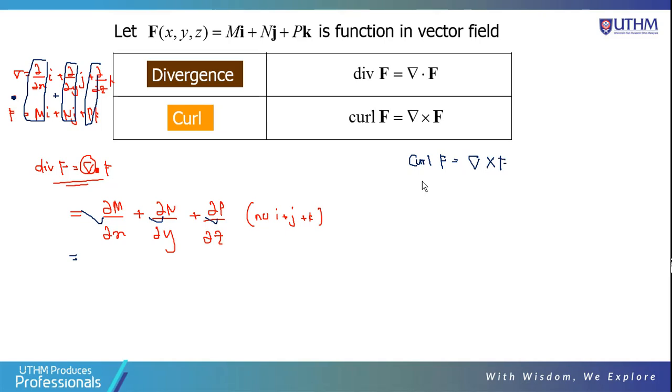This one represents N and P. And then you take the partial with respect to x, so partial with respect to x of xy gives y. Plus the partial with respect to y. So what is N? xz. And then the partial with respect to z. So what is P? It is xyz squared.